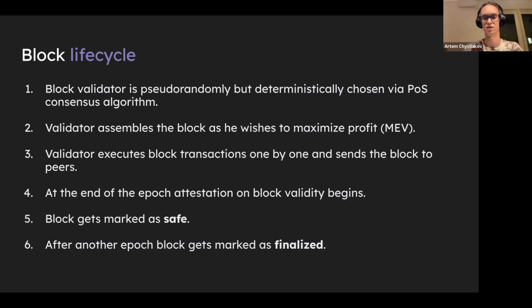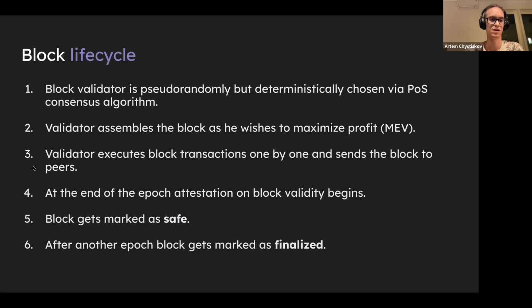So miner extractable value is a whole huge concept that might cover a separate lecture, but this software usually sets how the blocks are assembled, and right now I believe 70 or 80% of validators in Ethereum use this software.